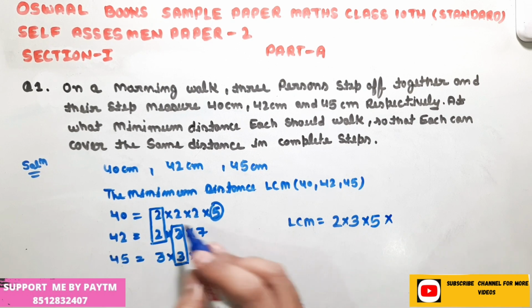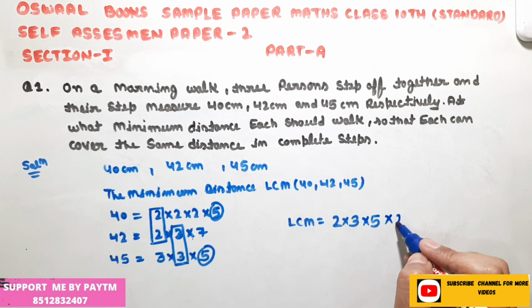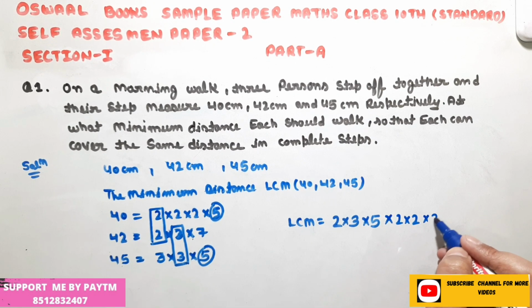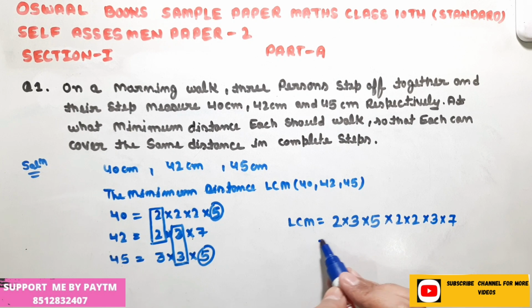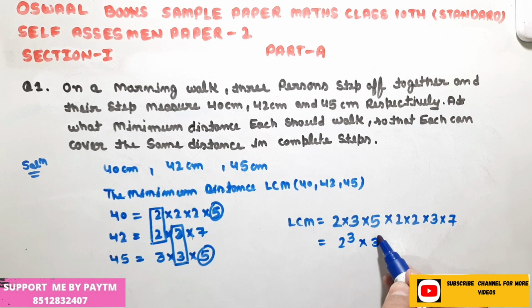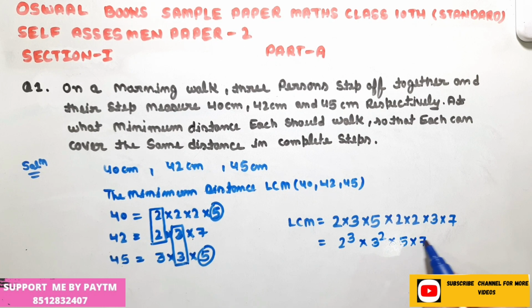Now the remaining are 2 into 2 into 3 into 7. So this will be equal to 2 to the power 3 into 3 to the power 2 into 5 into 7.